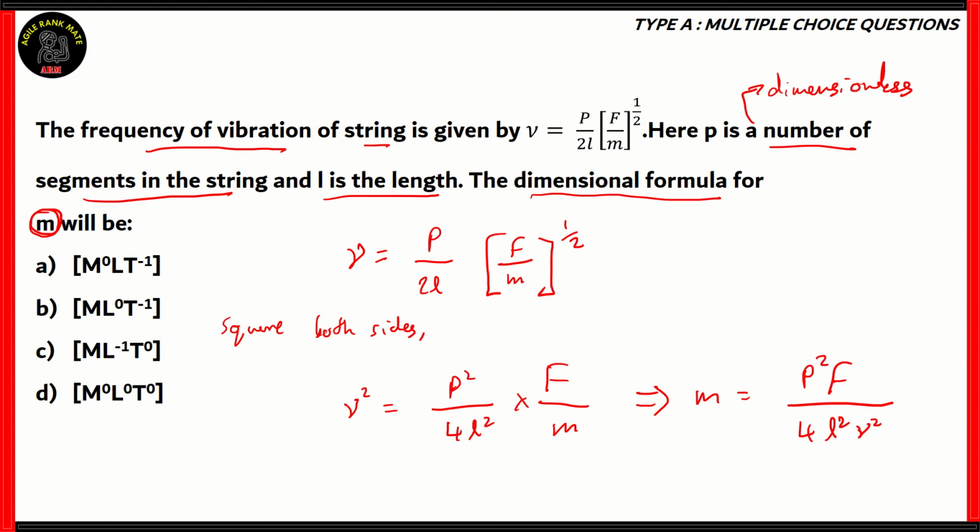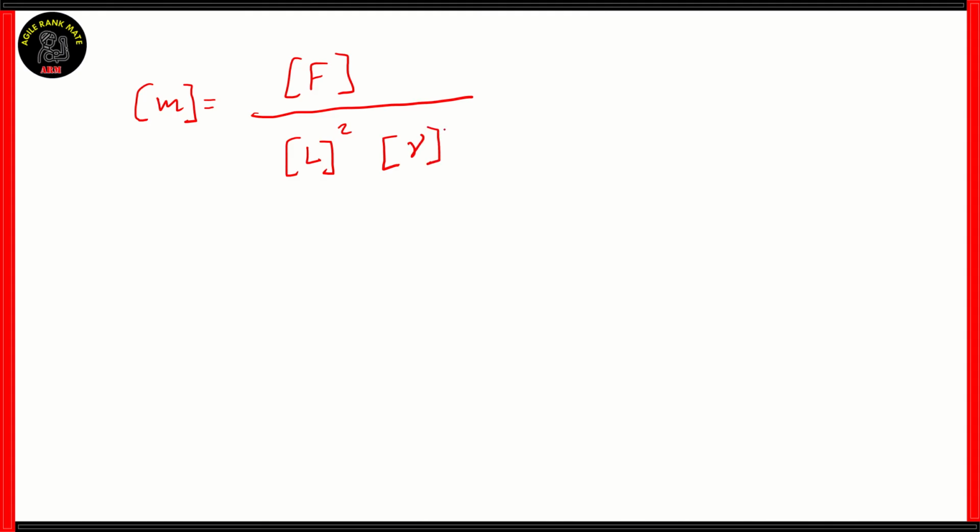So basically, when we look at the dimensions of m, we'll be looking at the dimensions of f. By the way, if you're writing dimensions, make sure to put square brackets because that's what symbolizes dimensions in physics. So dimensions of m would be dimensions of f over dimensions of l squared times the dimensions of frequency squared.